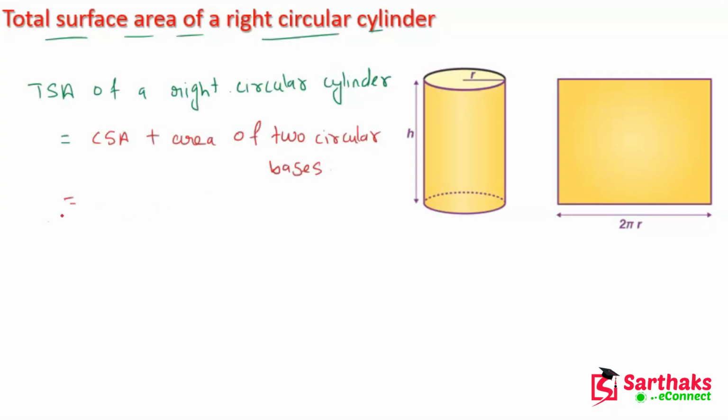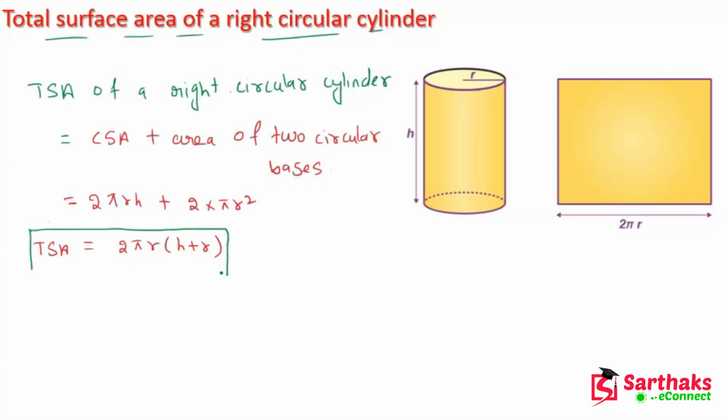So TSA is 2 pi r h plus 2 into pi r square, since the area of the two circular bases is the same. If we take 2 pi r as common, we get 2 pi r into h plus r. This is the TSA of a right circular cylinder.